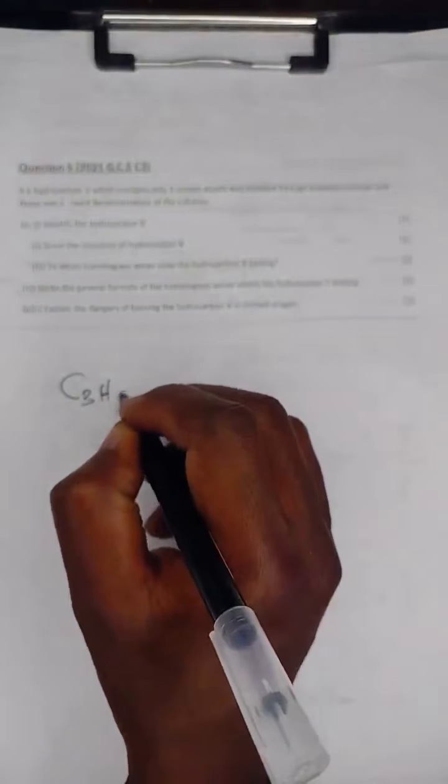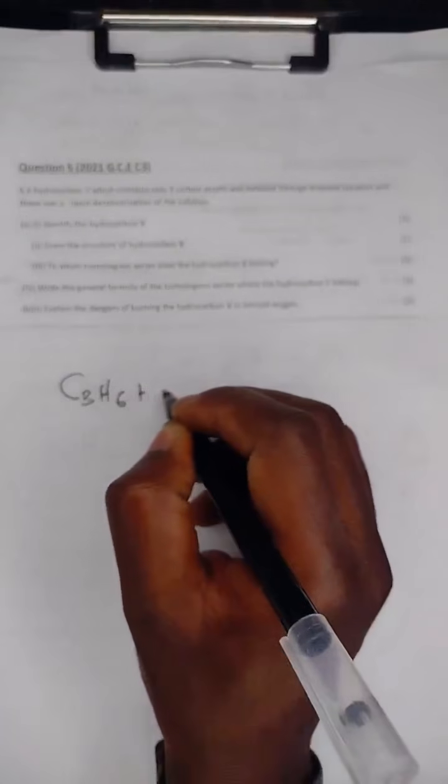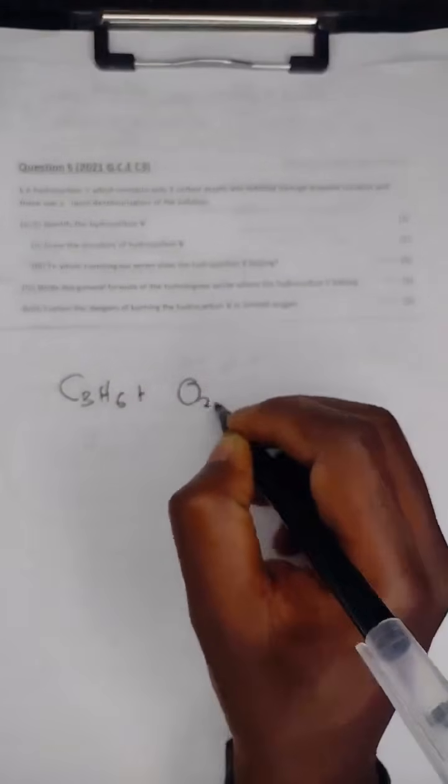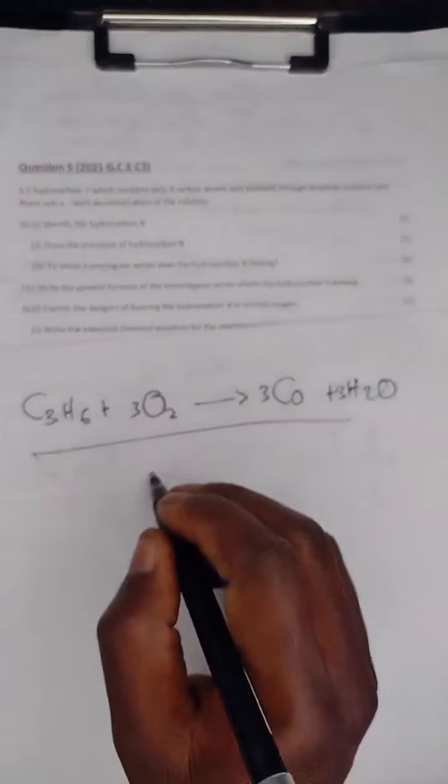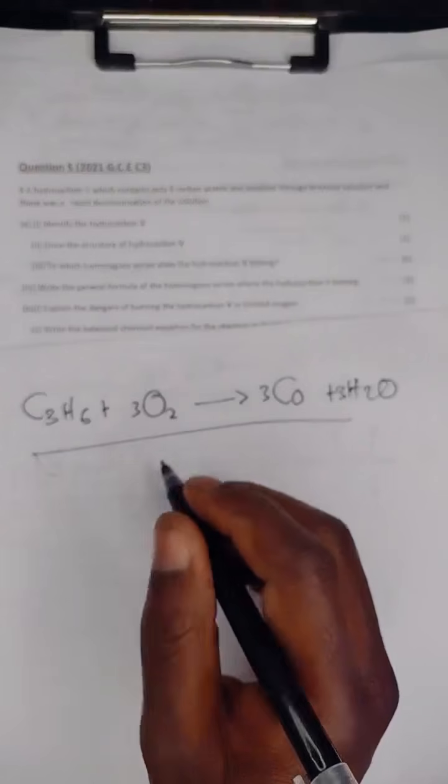So the equation is C3H6 plus oxygen. What are you producing? Carbon monoxide plus water. So here 3 balances, 3 here, 3 here. So this is the balanced equation for incomplete combustion of propene. Okay.